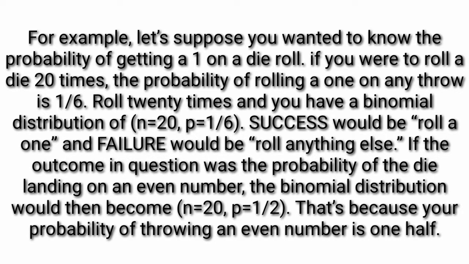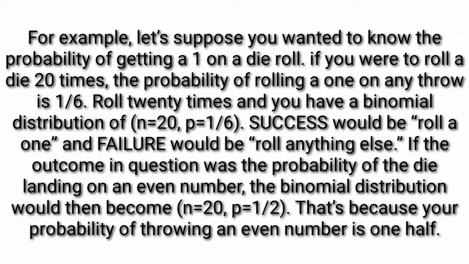For example, let us suppose you wanted to know the probability of getting a 1 on a die roll. If you were to roll a die 20 times, the probability of rolling a 1 on any throw is 1 by 6. Roll 20 times and you have a binomial distribution. n is 20, p is 1 by 6.